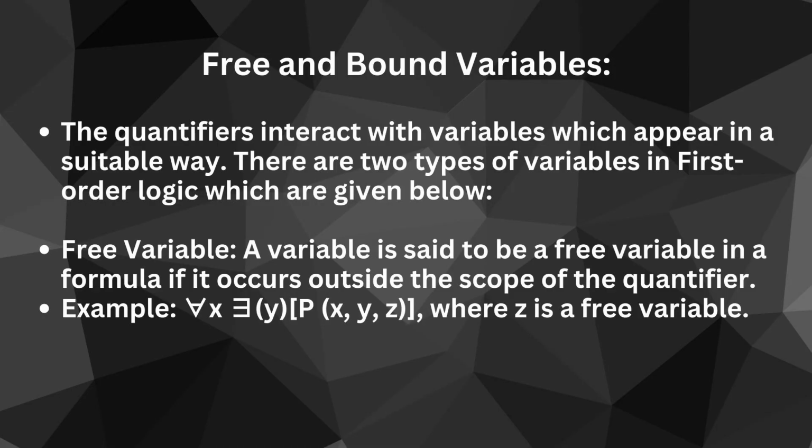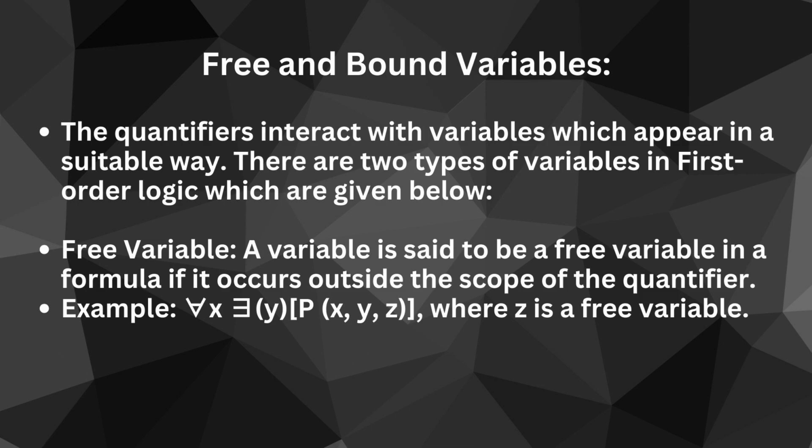In these logical representations, the relationships, conditions and implications of the original statements are accurately captured using quantifiers, predicates and logical connectives. In first order logic, quantifiers interact with variables in specific ways.